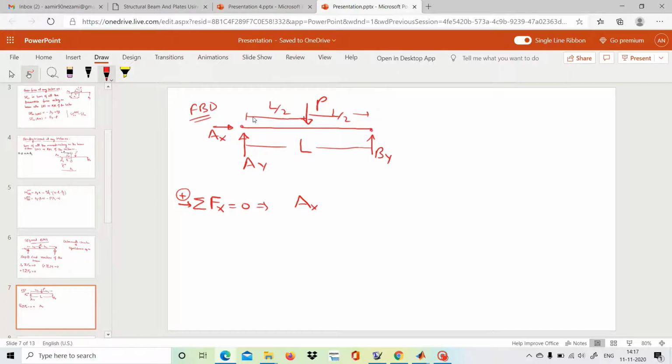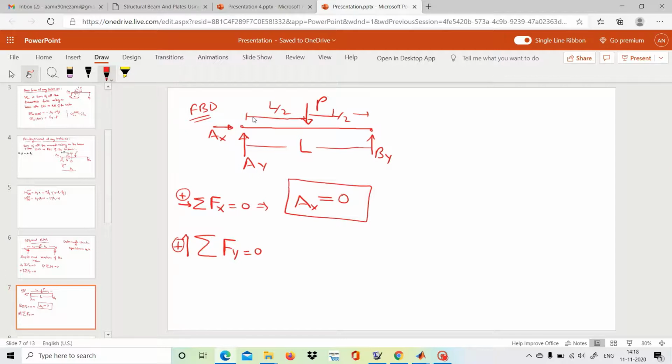No. So AX equals 0. We got the value of AX as 0, meaning no horizontal reaction will develop because there is no horizontal force acting on the beam.